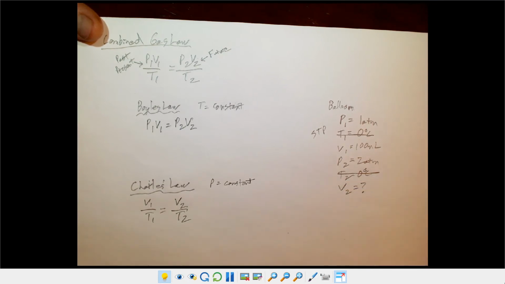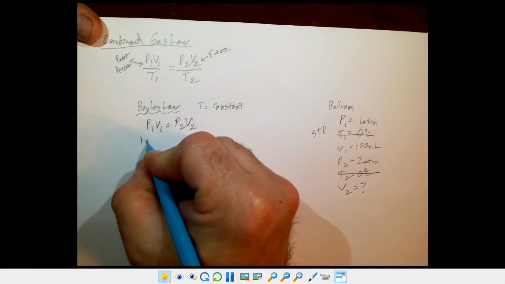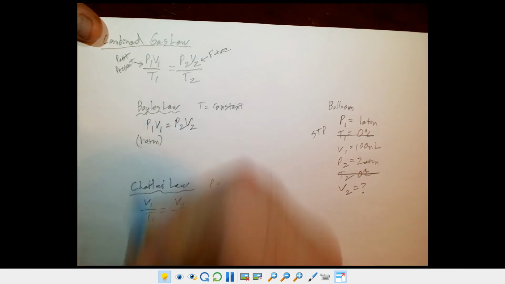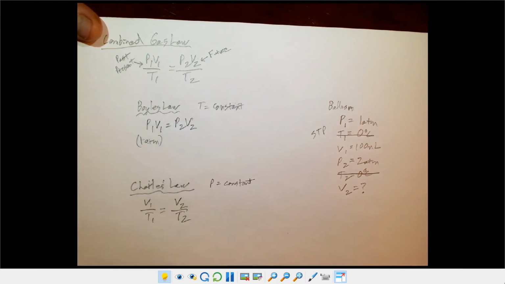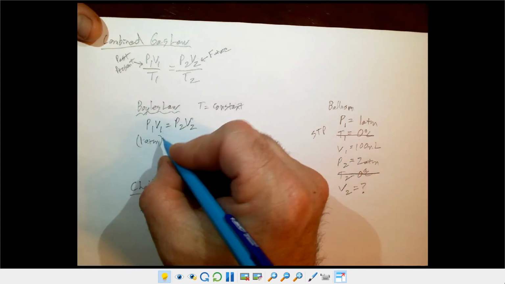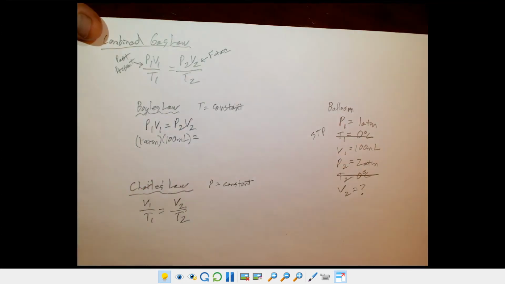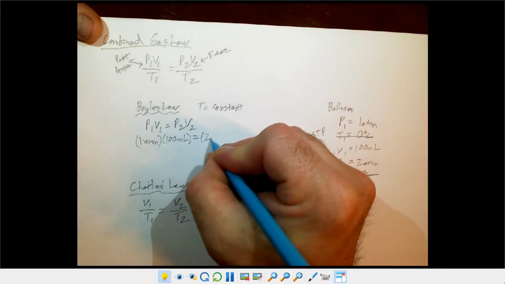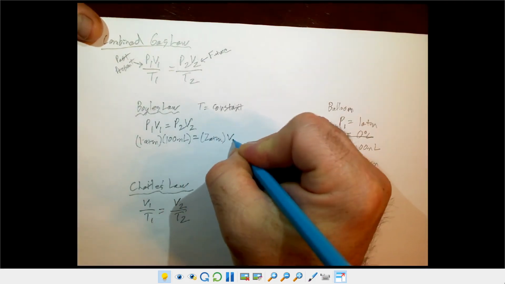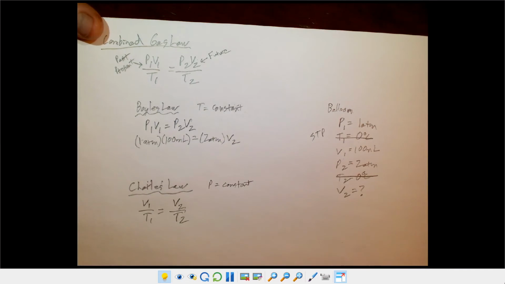So let's go ahead and plug all our numbers in here. So we have 1 atm goes in for the present tense, what it is right now, and the initial volume is 100 milliliters. And then the pressure changes to 2 atm, and we want to see what happens to the volume.